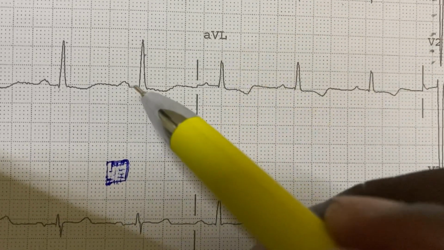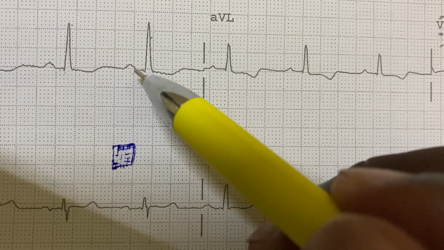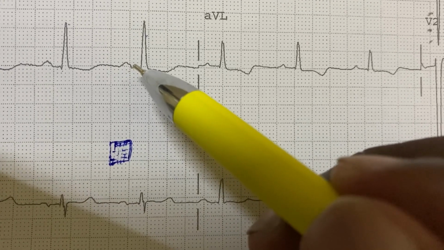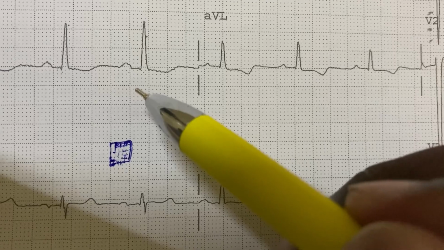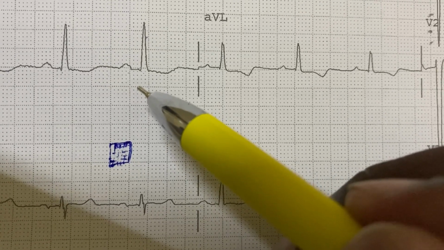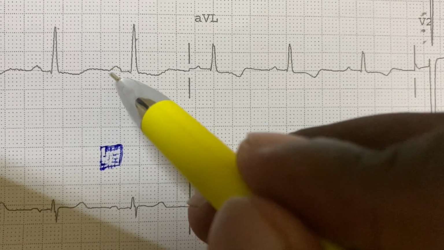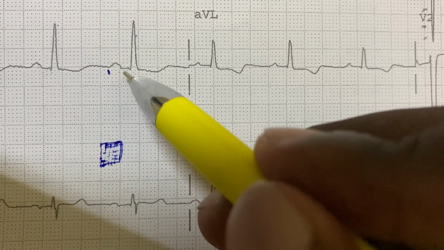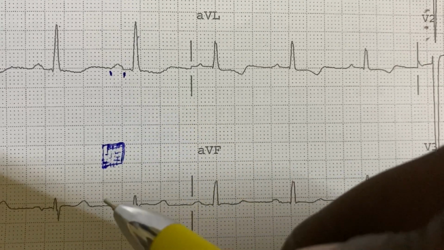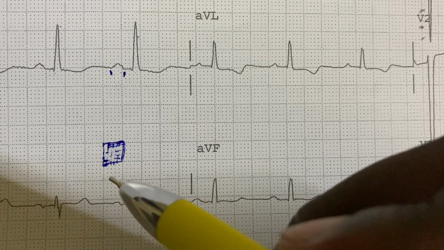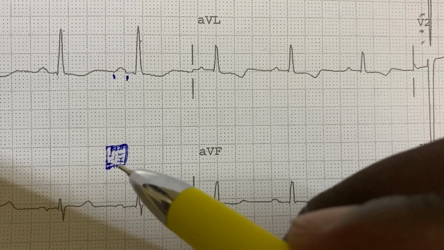If you look at this P upwards, it is 1 millimeter or 1.5 millimeters tall. But if you look horizontally, this P wave starts from here and ends here, so this P is wider than normal.